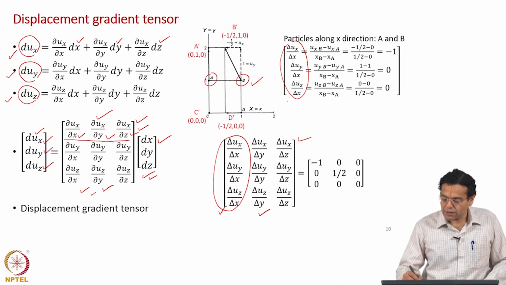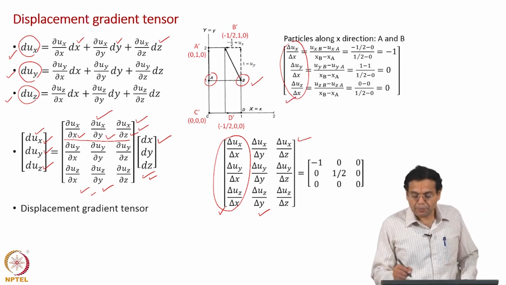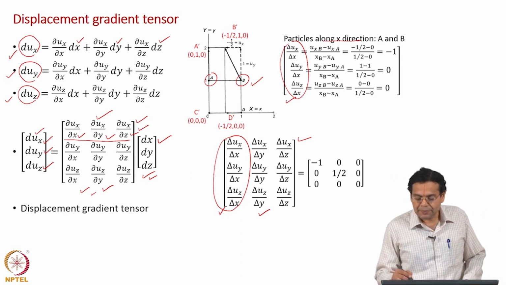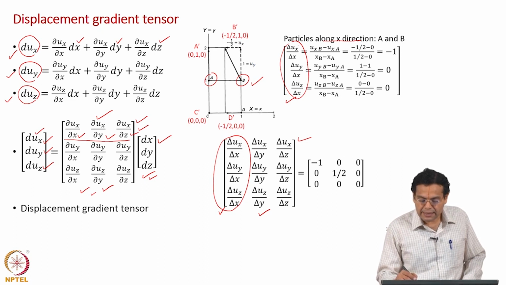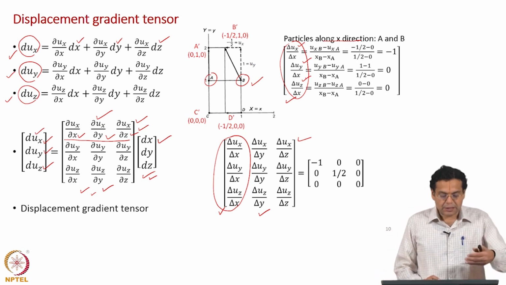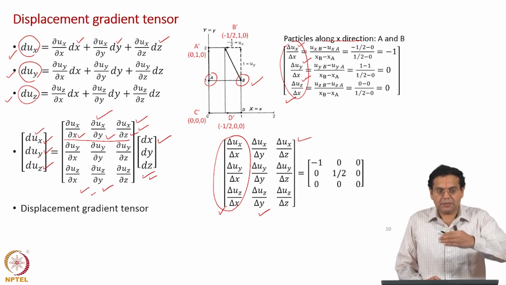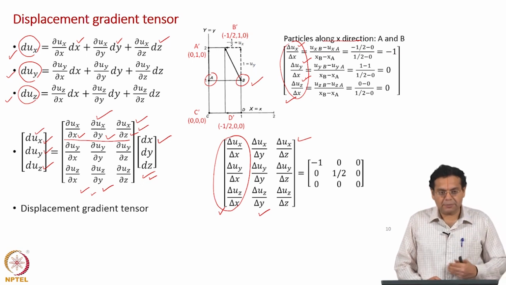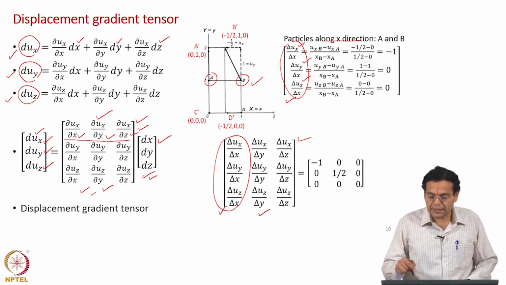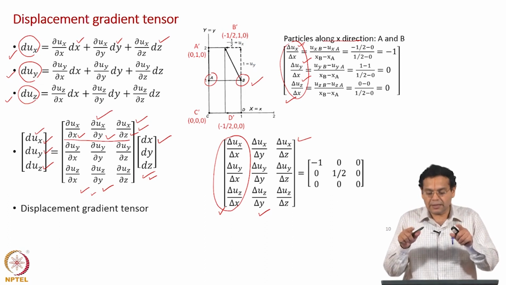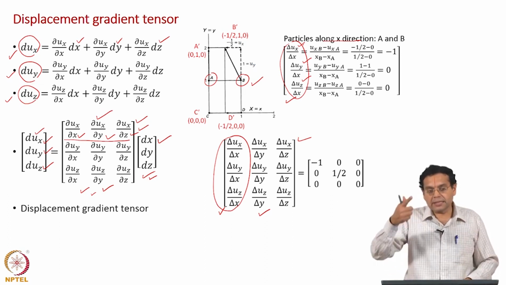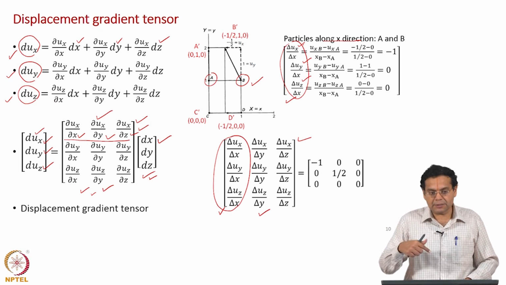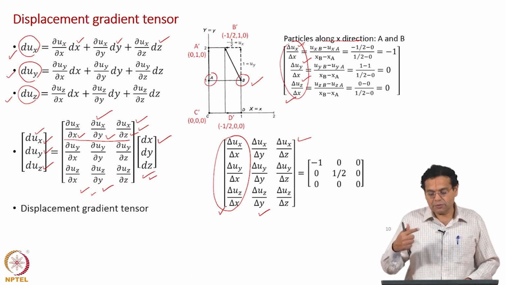And when we wrote here, we took particles along one direction and considered their x displacement, y displacement, z displacement. So, in the displacement gradient what happens is, along the row you have only x displacement, y displacement, z displacement, but when we consider here the particles, we consider 2 particles along x direction and consider their x displacement, y displacement, z displacement, difference in x and y and z displacement.